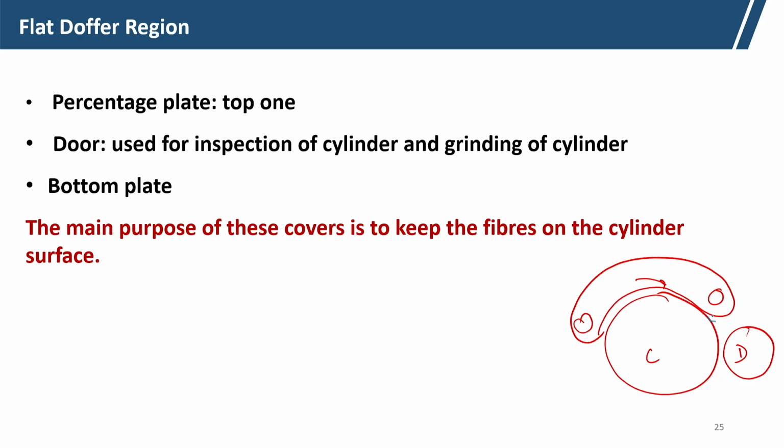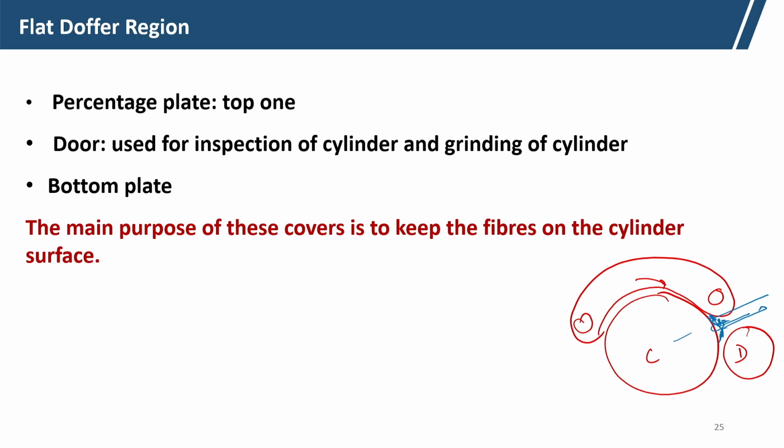As soon as the fibers come out, due to centrifugal force, fibers always tend to come out. Before reaching the doffer, fibers may come out, so we need plates or covers. These plates are of three segments: the top plate, known as the percent plate, the middle plate where we need grinding of the cylinder surface, and the bottom plate.